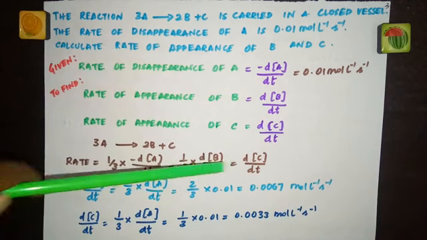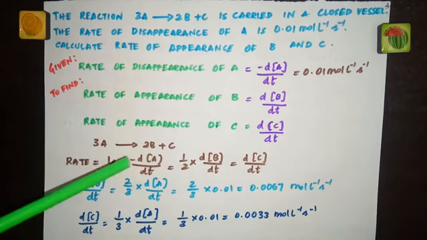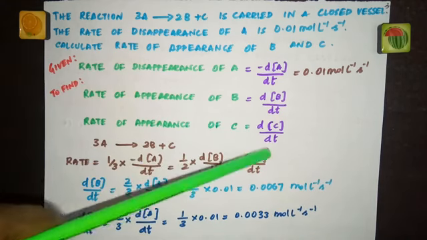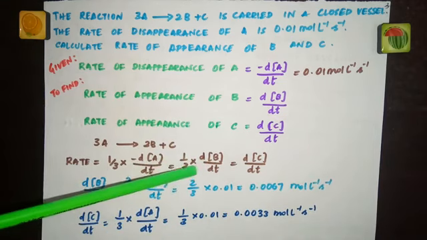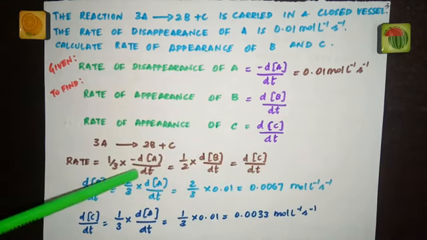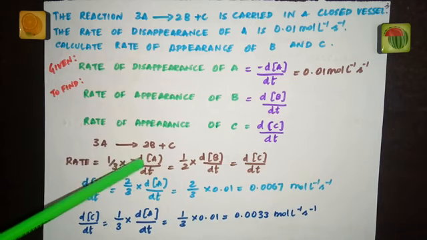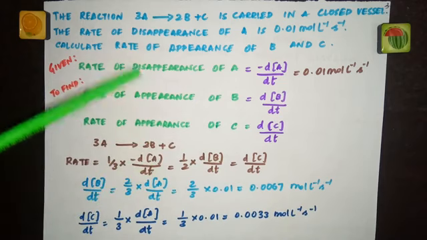By looking at the rate of the reaction expression, how can you relate A with C? You can relate B with C also, because now we have found the answer for this part. So you can now relate this and this, or whatever is given in the question. So what is given in the question? Rate of disappearance of A is given. So you can relate every other rate of appearance or disappearance with A to find out their values.